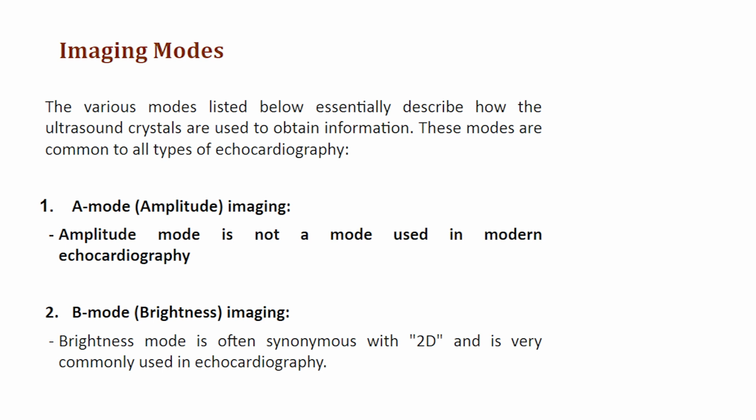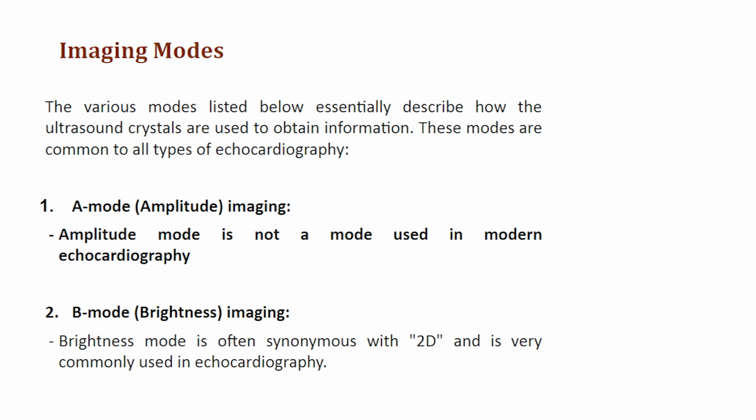This mode is considered one-dimensional and used to measure the distance between two objects by dividing the speed of sound by half of the measured time between the peaks in the A mode plot, which represents the two objects in question. Amplitude mode is not generally used in modern echocardiography.